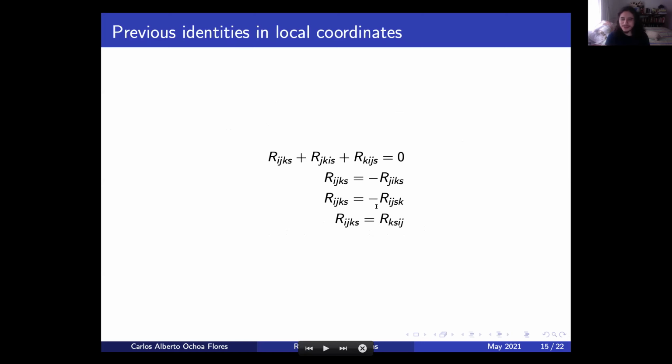So the question of how many must one calculate is one that I don't know if it is simple to give an exact number. But at least one knows that one does not have to calculate all the components of the tensor.